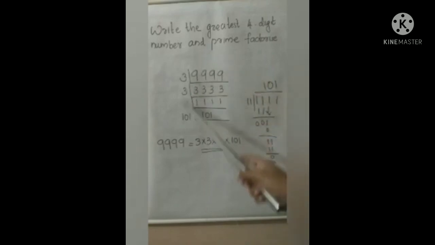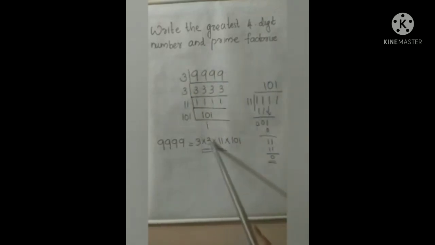So you prime factorize all the terms. So what are you getting? 3 into 11 into 101. So what is the prime factorization of 9999? 3 into 11 into 101. Make sure that all the factors are prime. Here all the numbers are prime, and multiply and verify your answer.